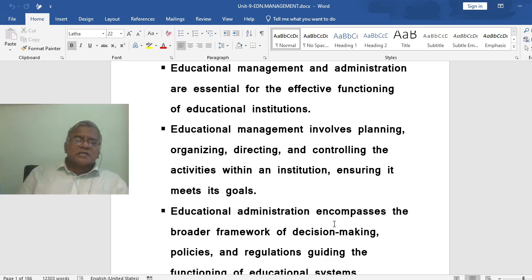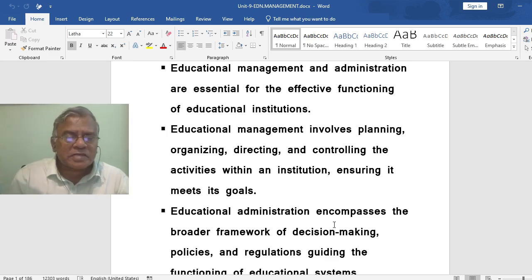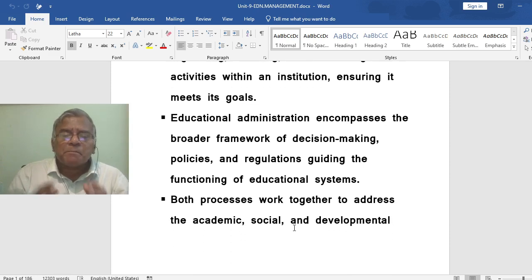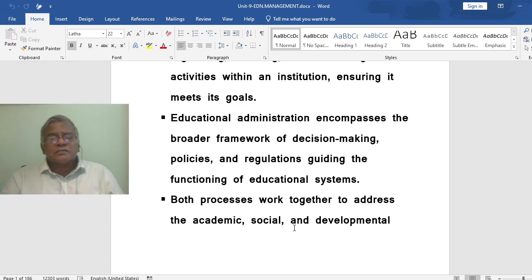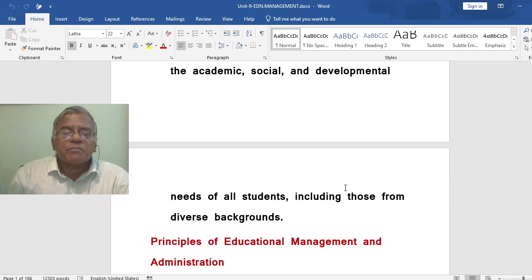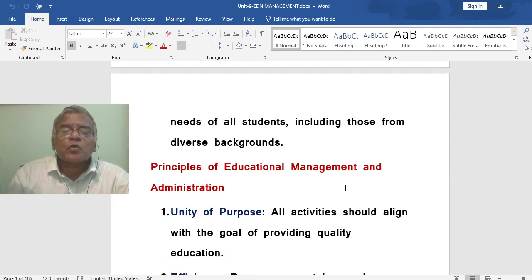Very important aspect here: planning, organizing, directing, controlling the activities within an institution. Educational administration encompasses the broader framework of decision making, policies and regulations guiding the functioning of educational systems. Both processes work together to address the academic, social and developmental needs of all students, including those from diverse backgrounds.